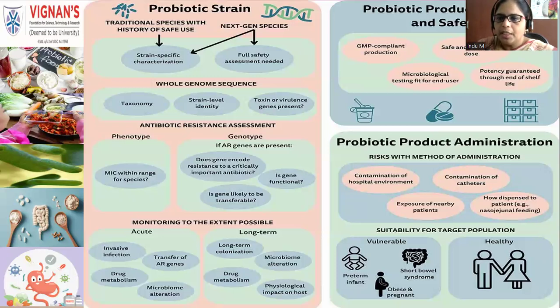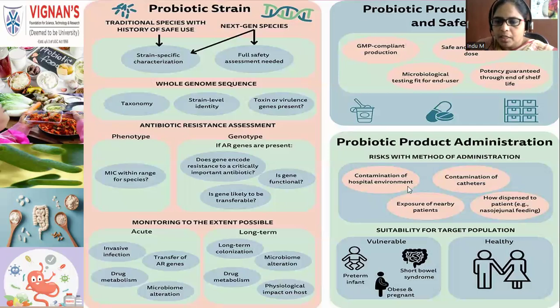So the main ultimate goal here is the probiotic product, its quality and safety, whether it is used by the consumer or not. And coming to probiotic product administration, when we are administering, you have to decide which route of administration to manufacture this particular product for. While deciding the route of administration, is there any risk with the method of administration?